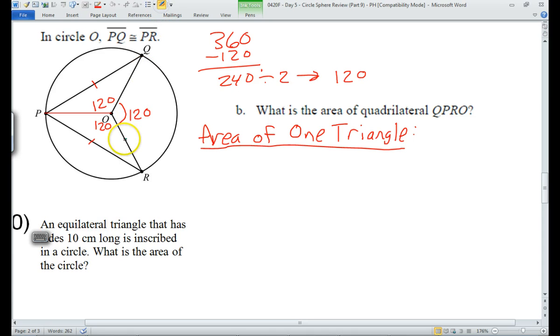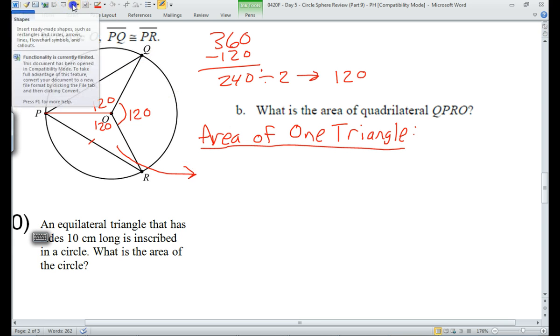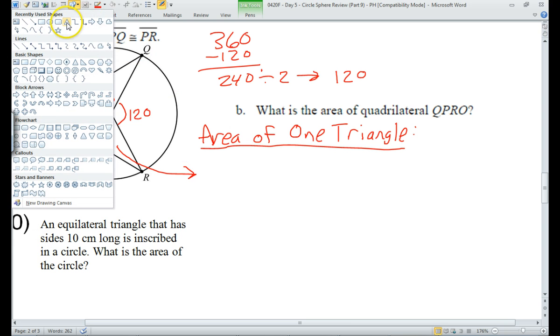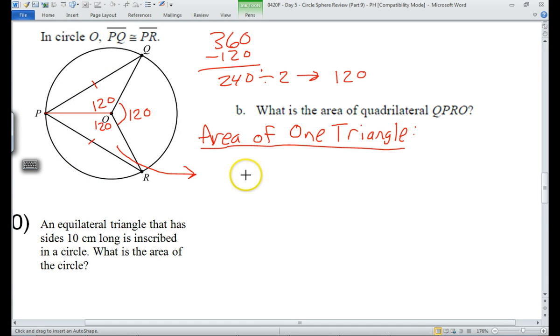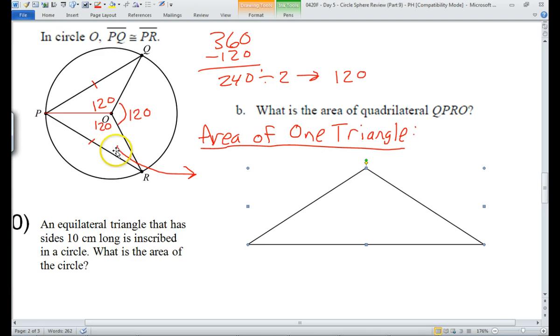Now, if I may, let me just move this triangle over here, make it a little bigger, so that we can work with it more easily. Okay, will you accept with me that I've copied one of these triangles over to here. So if you accept that with me, then you will accept that this is 120 degrees up here.